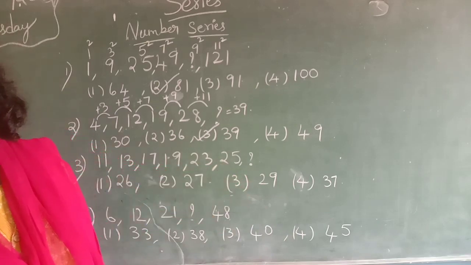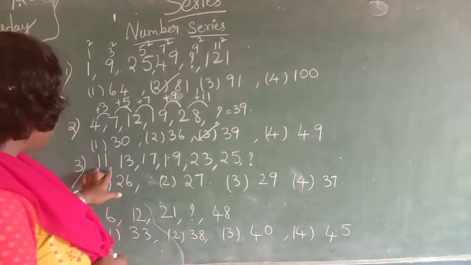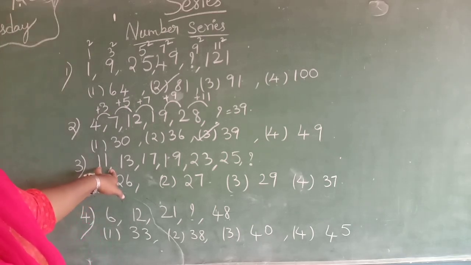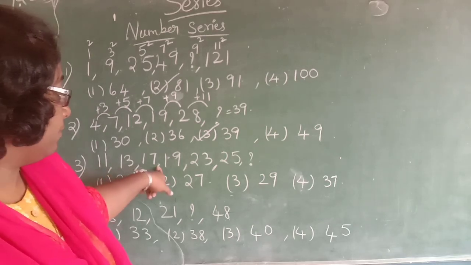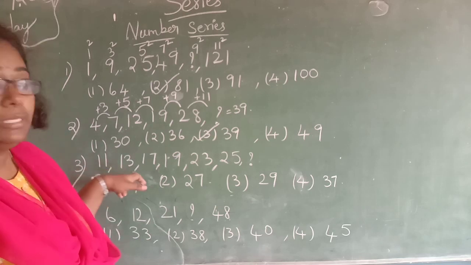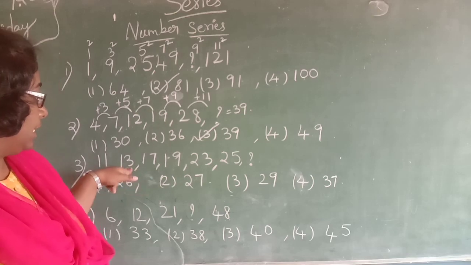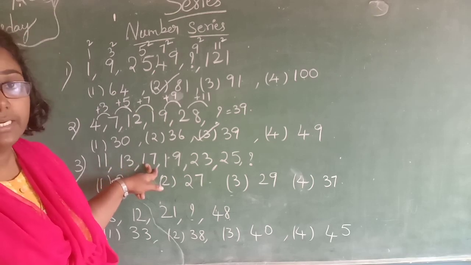So we just need to check what you will get next after this. First one is 11, then 13, 17, 19. After 11 the next continuation number is 13 only. The next will be 15, but it is not there.